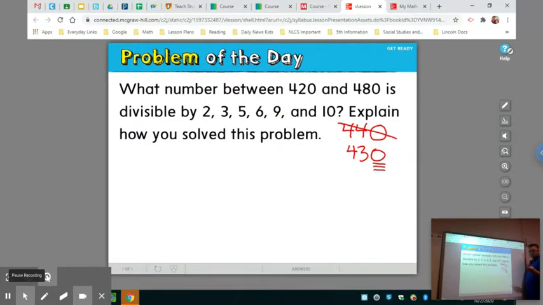Let's try 430 divided by 3. It goes into it once. 3 into 1, does that go? No, but it goes into 13 four times. That's 12. That's 1. Does 3 go into 10 evenly? No. 430 is not one of them either.